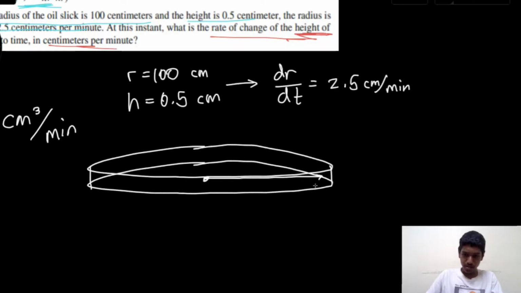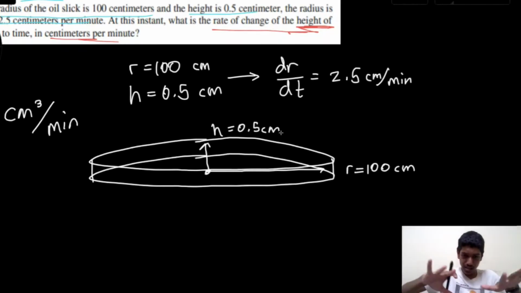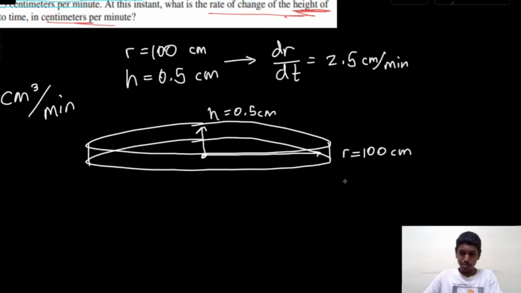So here the radius r is 100, and then you've got a height. The height is going to be 0.5 centimeters, right? Pretty small compared to the radius. It's a very flat cylinder. And we also know that the rate of change r prime is going to be 2.5 centimeters per minute.